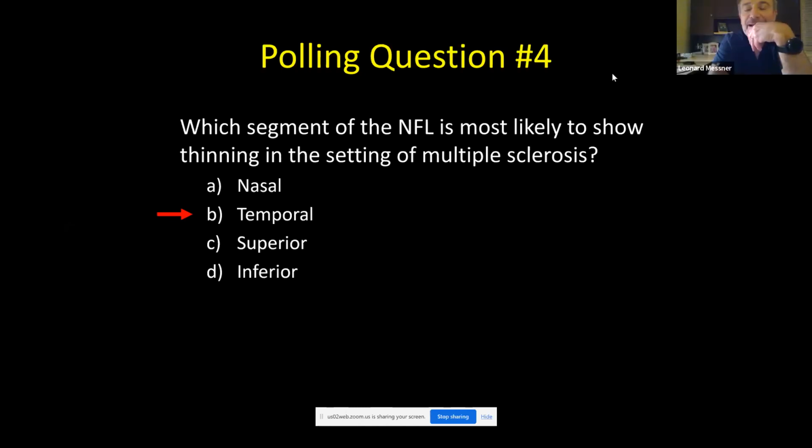Exactly. As long as there are no CMS agents on this evening's webinar, you can code these individuals appropriately as other optic neuropathy or other optic atrophy.